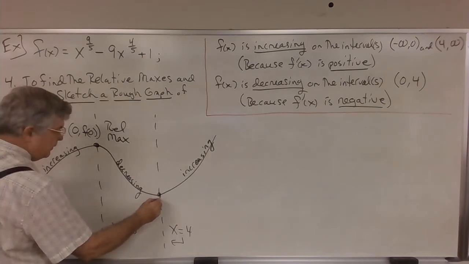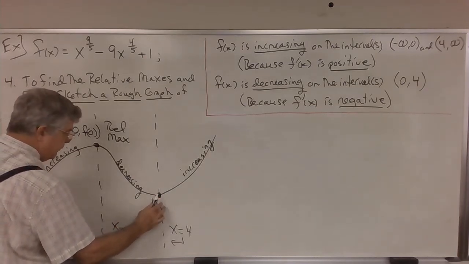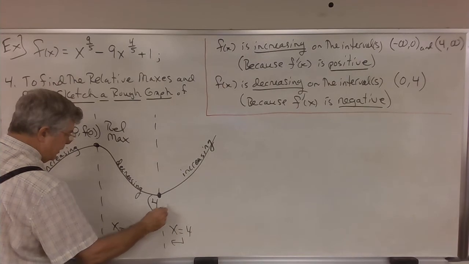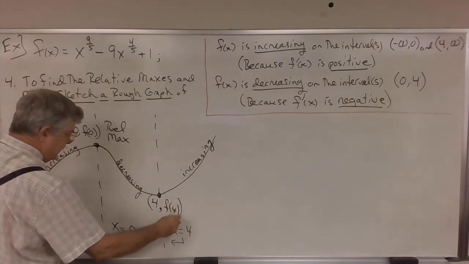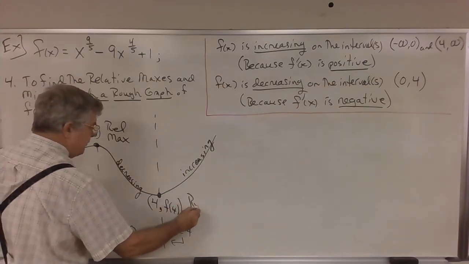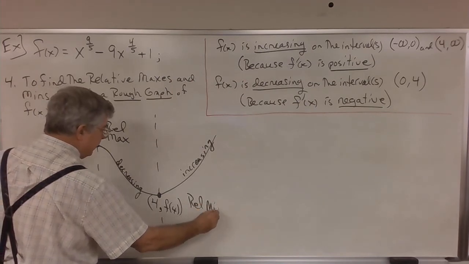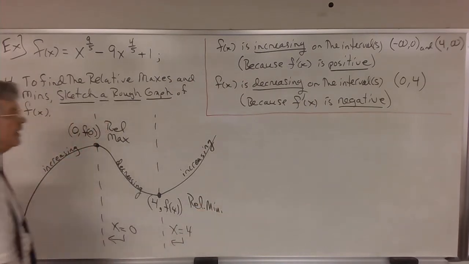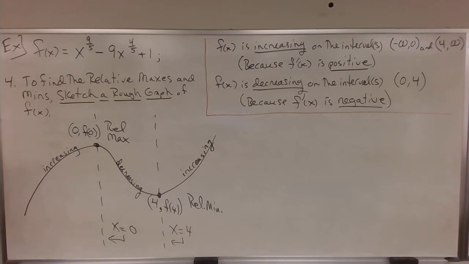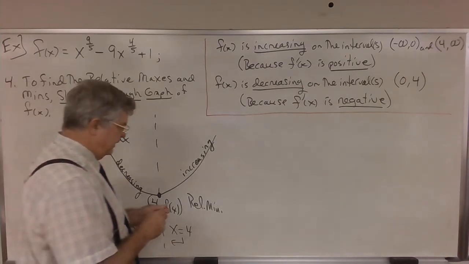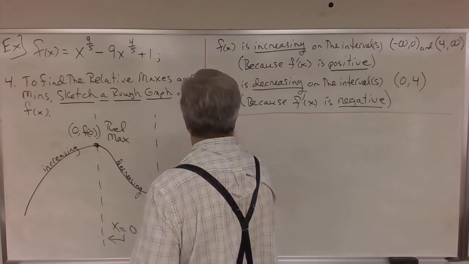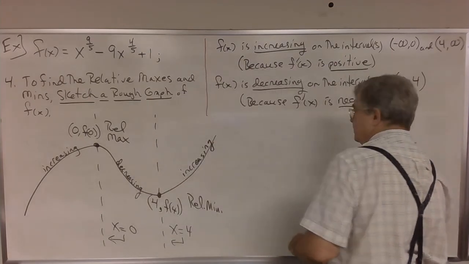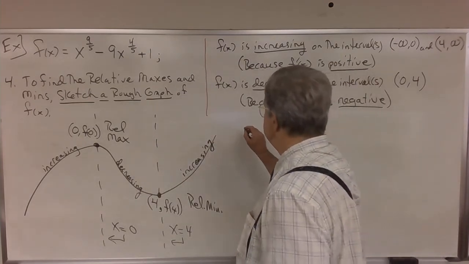And here at x equals 4, f of 4, this is a relative min. And I'm obligated to compute the y coordinates of these things, if at all possible. So let me write this down.